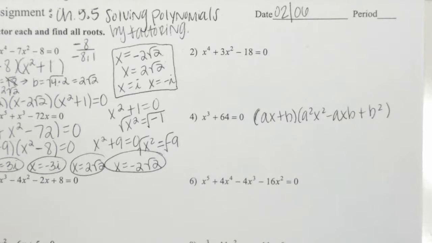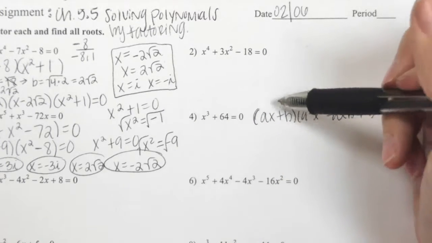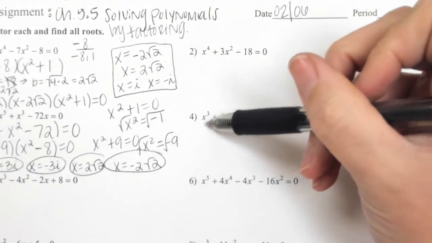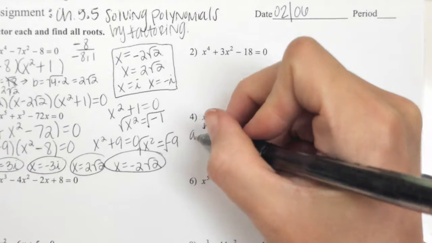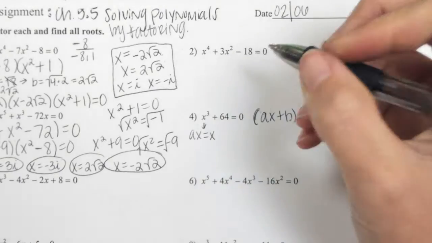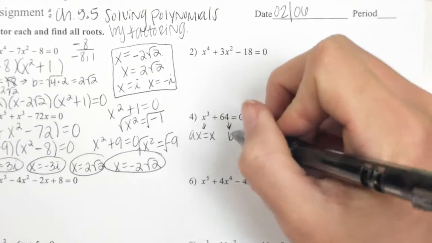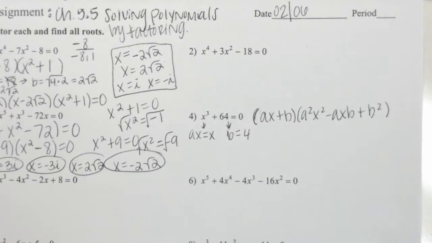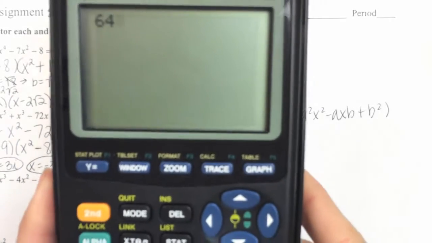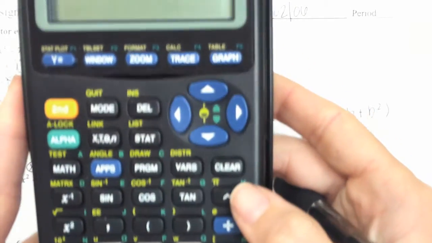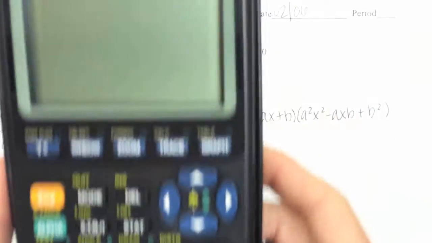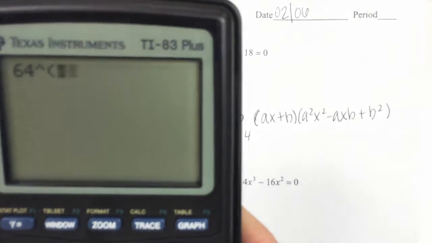So the only hard thing about this one is you just have to identify your ax and your b. Your ax is the cube root of your first term. So ax in this one would be x. Your b is the cube root of your second term, and this one would be 4. If you forgot how to find the cube root, you just type in your calculator 64 and then raise it to the power, which is this button, parentheses 1 divided by 3.